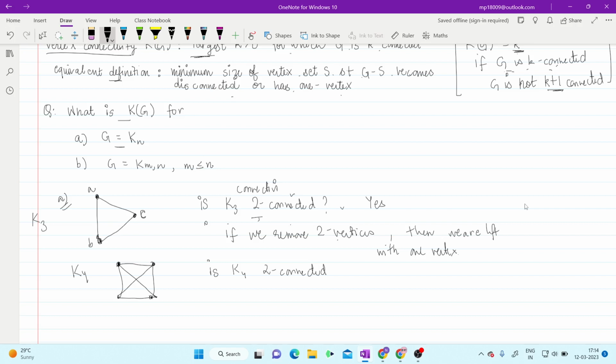No, it is not 2 connected. Why is K4 not 2 connected? Even if we remove two vertices, the graph will remain connected.